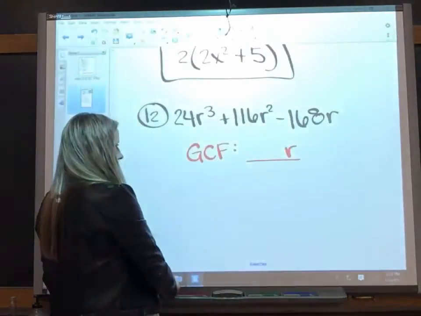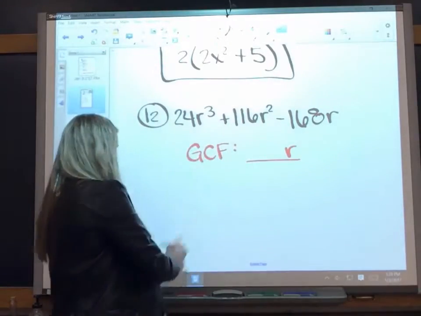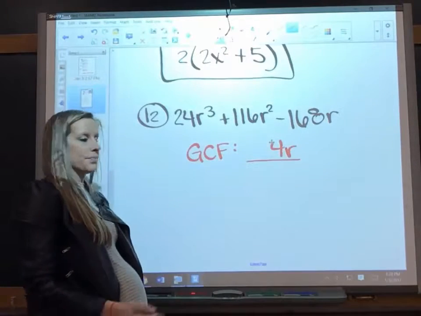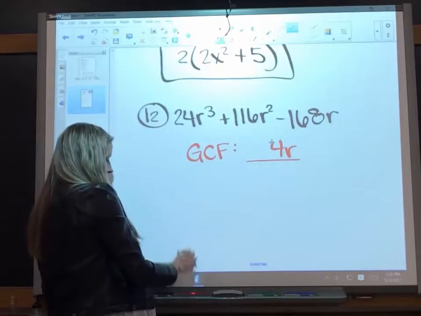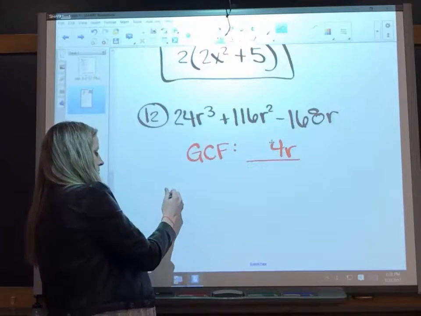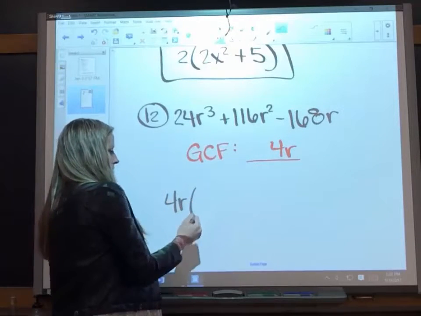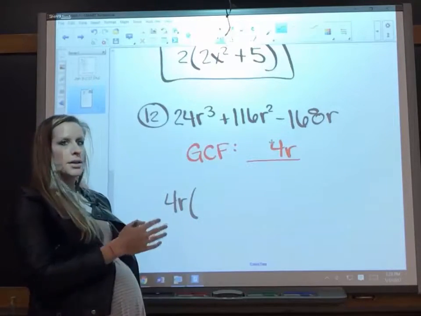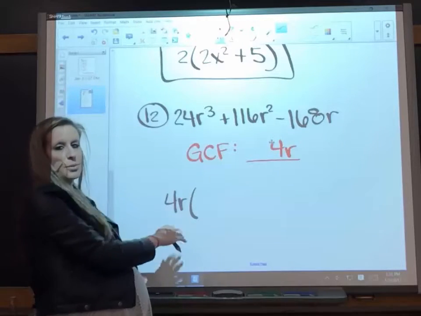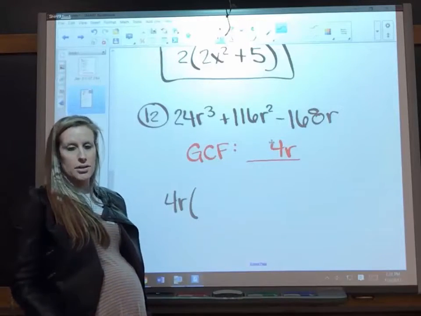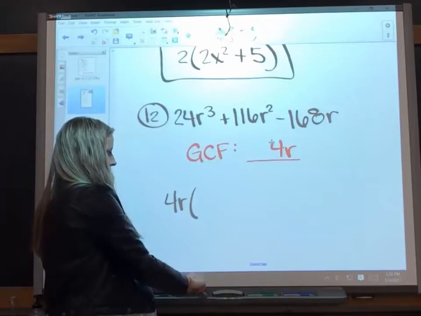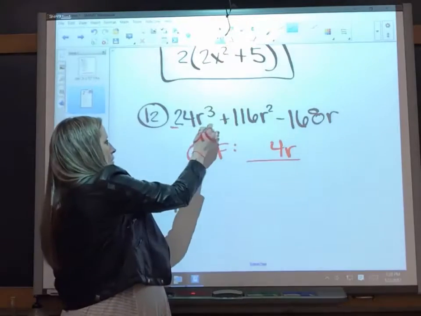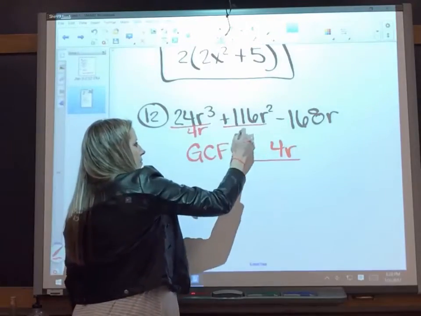So my greatest common factor for number 12 would be 4r. I'm going to take that out of every single term. So I'm going to write a 4r. Go ahead and write that first, because if you don't put it outside the parentheses, it is wrong. So go ahead and take out the 4r, and we're going to divide everything by that.